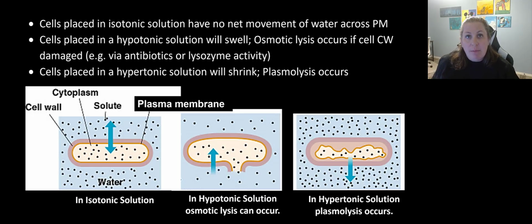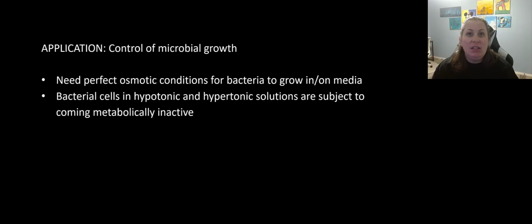So what's the application of this? Why is it important for us to know if water moves in versus water moves out? Well, the application part of this is controlling the growth of microorganisms. Can we control whether bacteria grow there or not? This is going to be one of the things we'll look at in a future chapter as well.